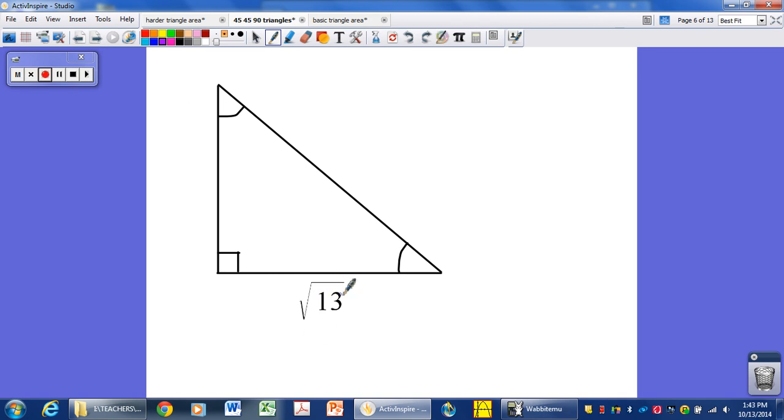So here we have radical 13. Here we're going to do some radical operations. The square root of 13 is this length, which means this length is also the square root of 13. And this length is the square root of 13 times the square root of 2. As we talked about before, the multiplication of two radicals is the same as taking the radical of the multiplication.